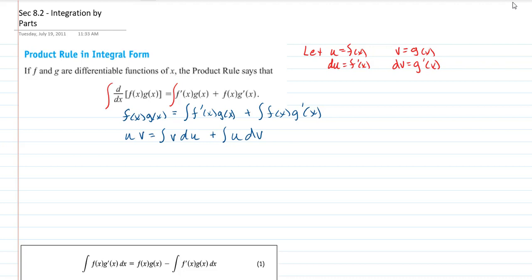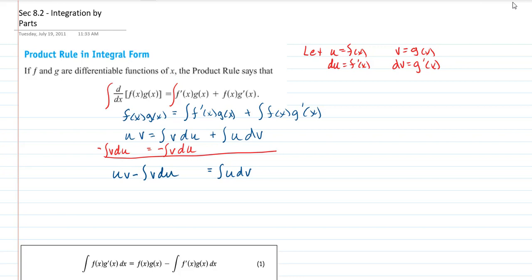If I were to solve this equation for u dv, I would subtract the integral of v du from both sides of the equation. My equal sign is right there. And when I do that, that's going to give me the integral of u dv is equal to uv minus the integral of v du.